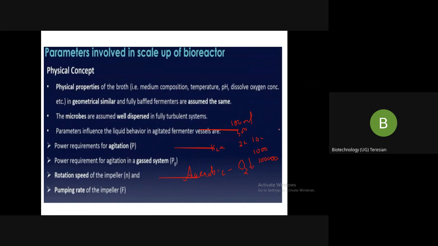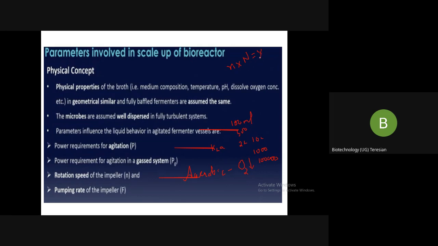Suppose whatever data we have in small scale, I have n data, what I got in the small scale. So if n is my product, I simply cannot multiply my n with any number and get a result and say that if you use so much amount of substrate and so much volume of media, you will get so much of product.